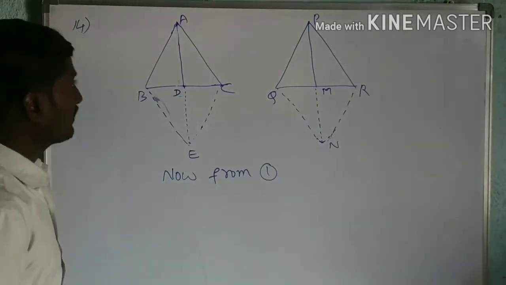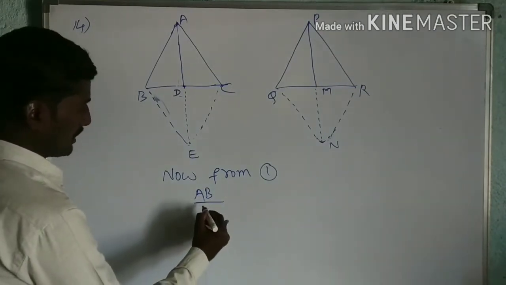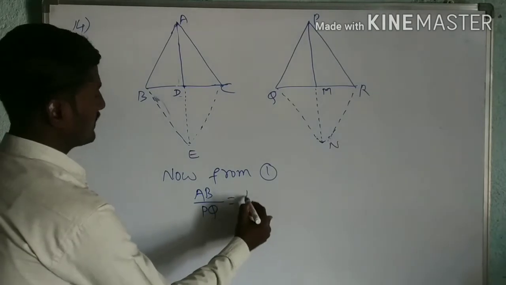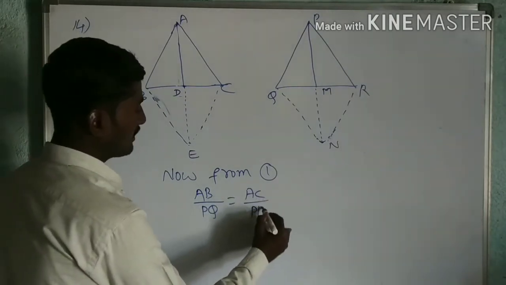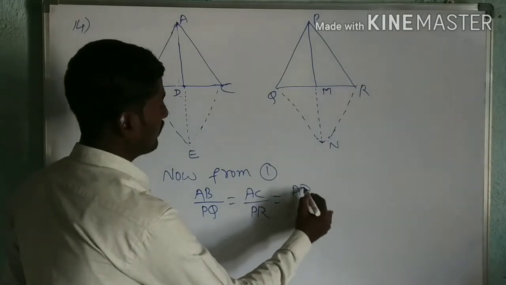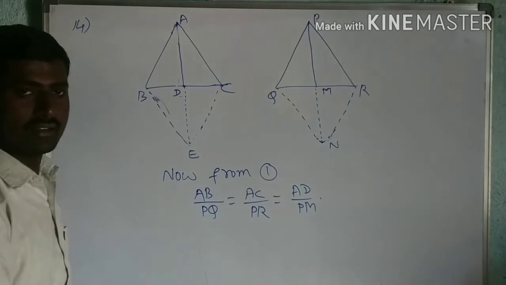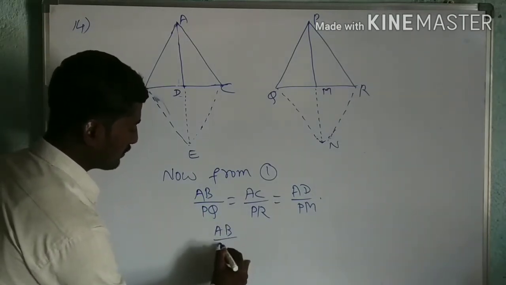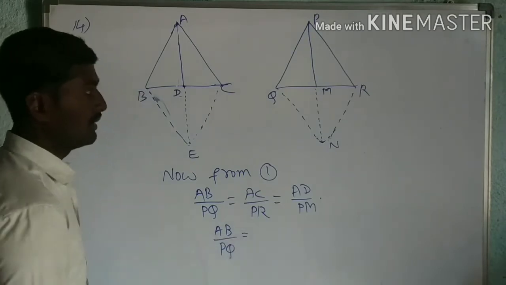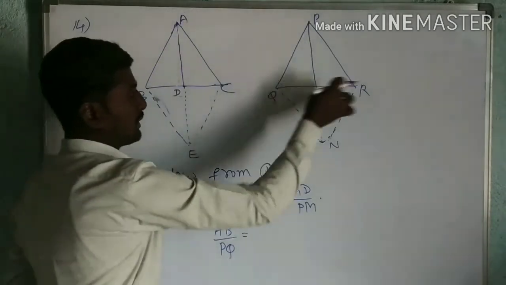From equation number 1, AB divided by PQ, AC divided by PR is equal to AD divided by PM. Okay, this is given. Now next up, I'll write AB by PQ as it is. I'm going to prove that triangle ABC is similar to PQR.